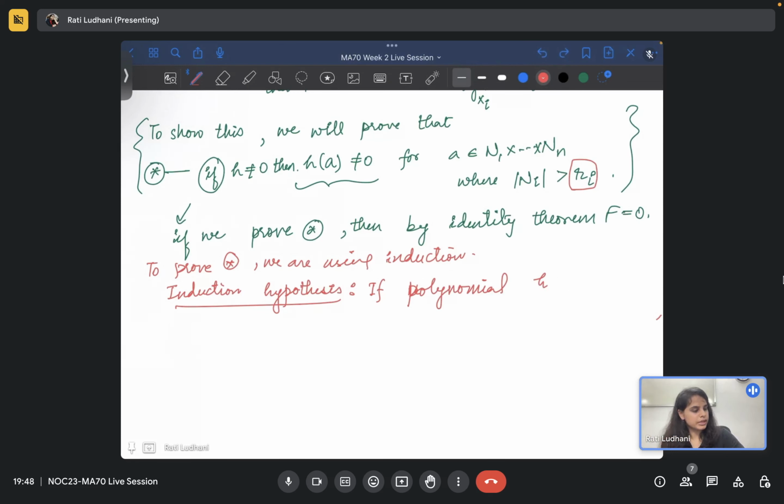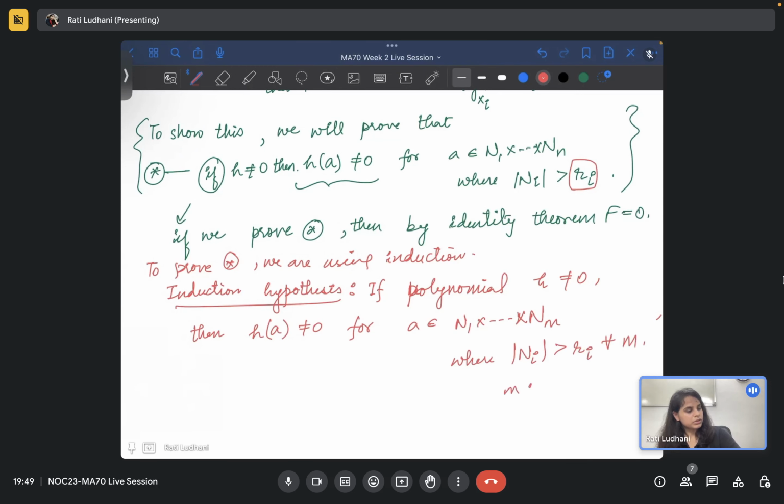If polynomial h is not equal to 0, then h(a) is not equal to 0 for a belonging to N1 cross up to and so on Nm, where cardinality of Ni is greater than ri for all i. Okay, and m is now, so assume this statement for m less than n.